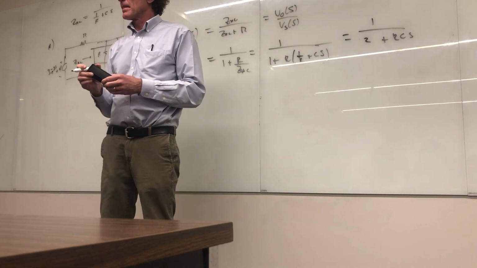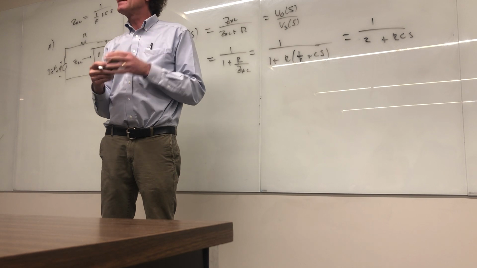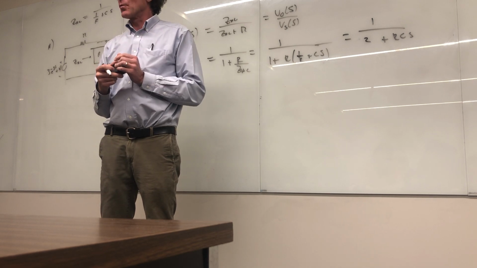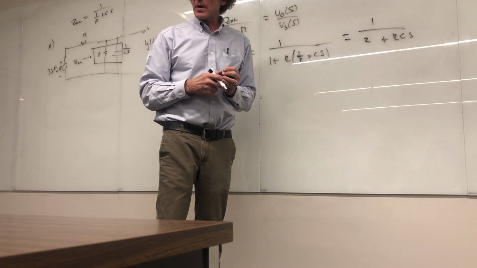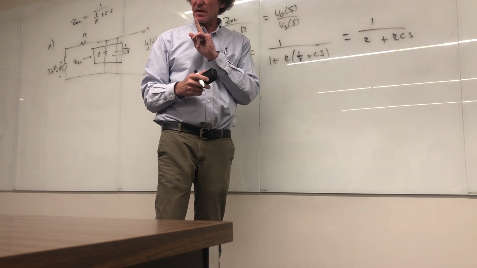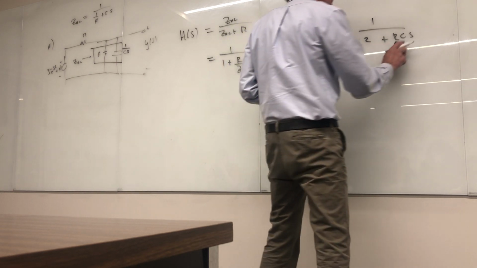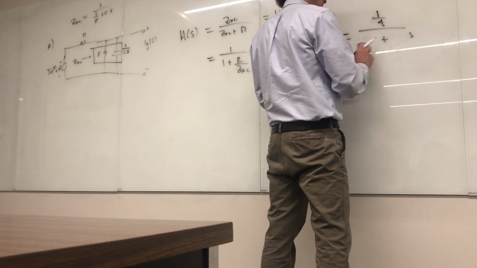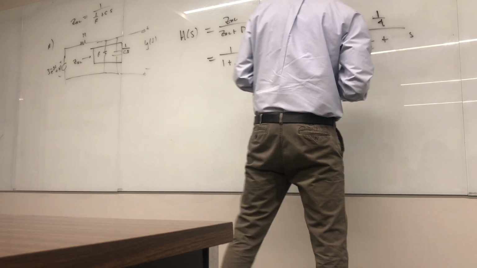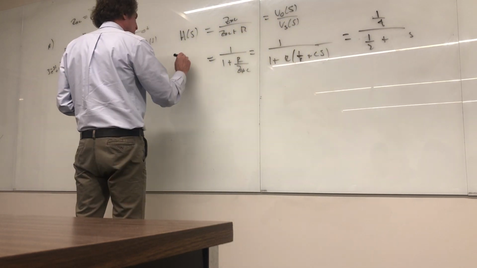Right? Now, R times C is 2 times 2 is 4, correct, class? So I'm going to divide top and bottom by 4, so I just have the coefficient of S as 1. Everybody got that? So when I divide by 4, I get 1/4 on top, and I get 1/2 here. That's the transfer function H of S.